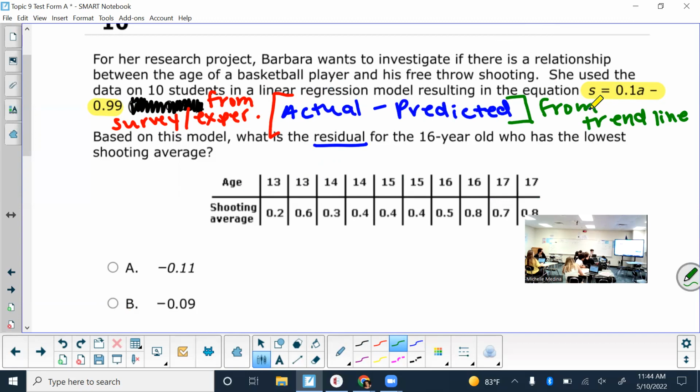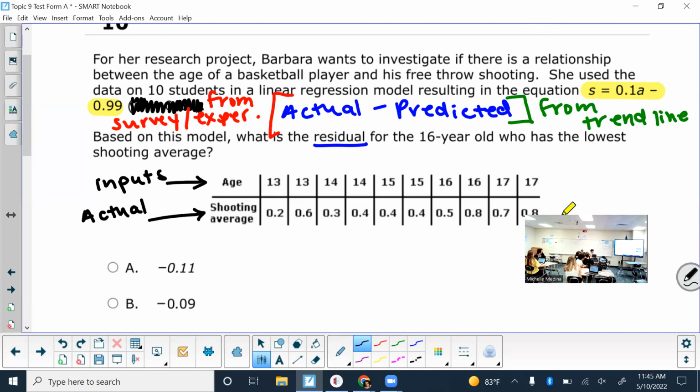So then this specific problem, like here's her data. The age would be my inputs. The shooting average that she has here, is that my actual or my predicted? Actual. Because as you can see, not everyone scores the exact same thing because of their age.